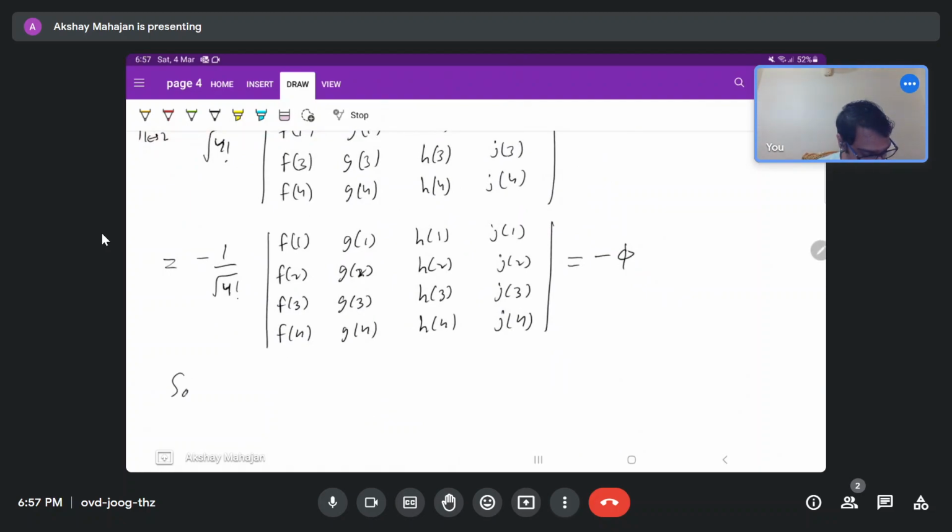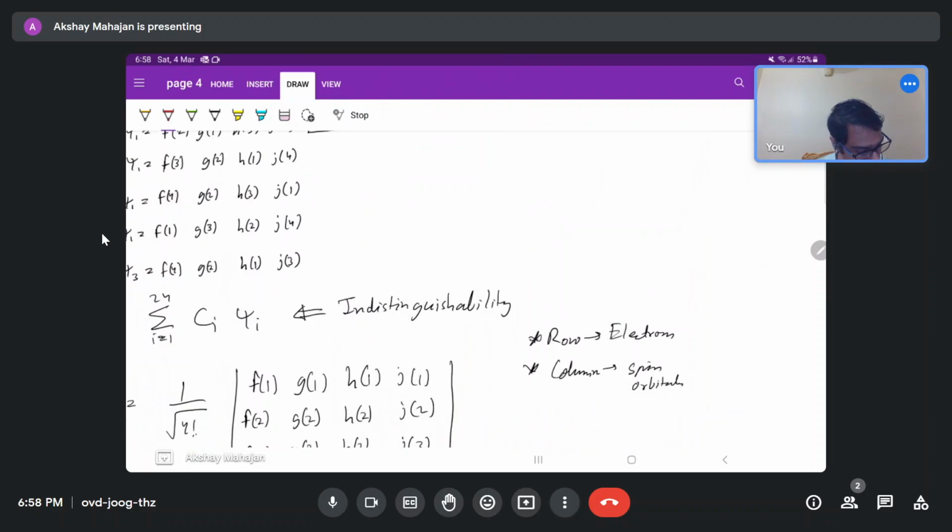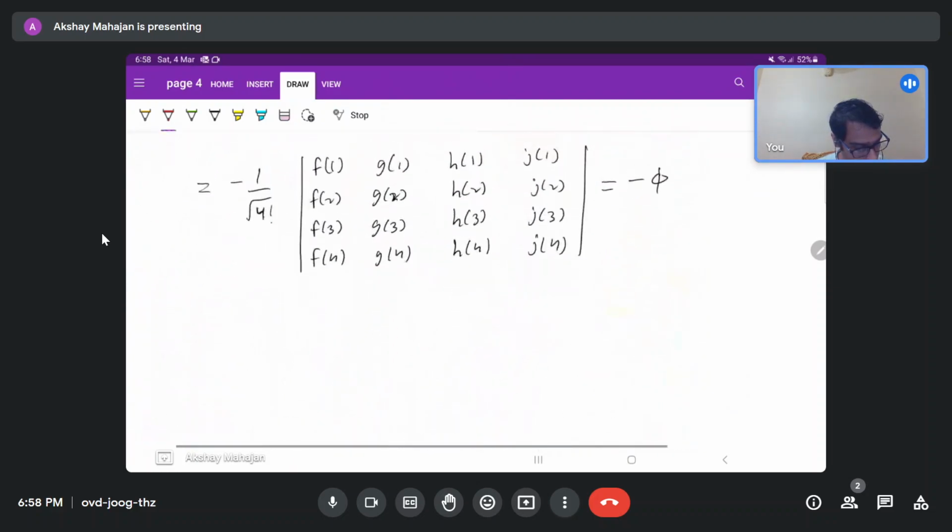So the wave function, let me say this is the indistinguishability, it's mentioned here.